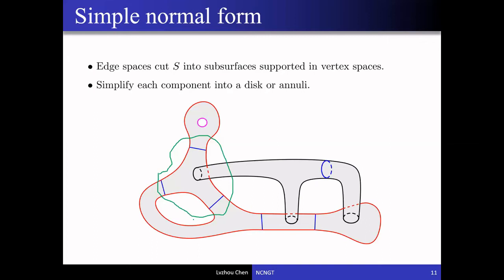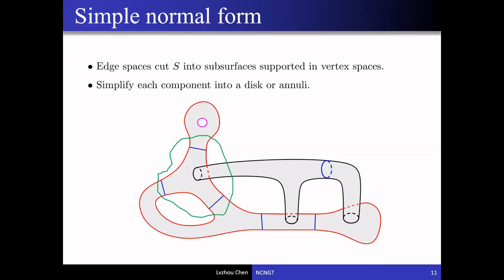Now we can simplify each small piece into either a disk or an annulus, and here's how. Whenever we see a polygonal boundary, if it already bounds a disk like the one over here, then we do nothing.